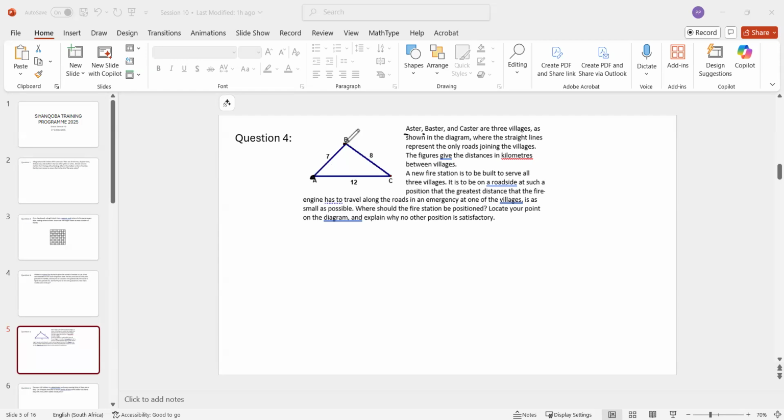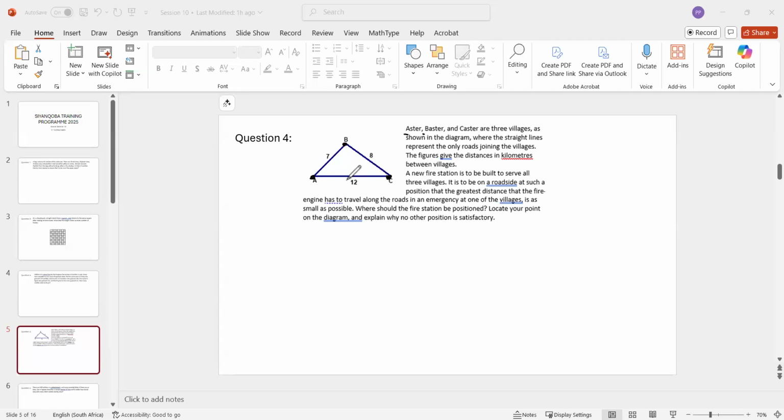I've got a picture of the three villages as shown in the diagram. The straight lines represent the only roads joining the villages. So these are roads, and the figures give the distances in kilometers between the villages. So these two are 7 kilometers long, and this is 8 and so on.